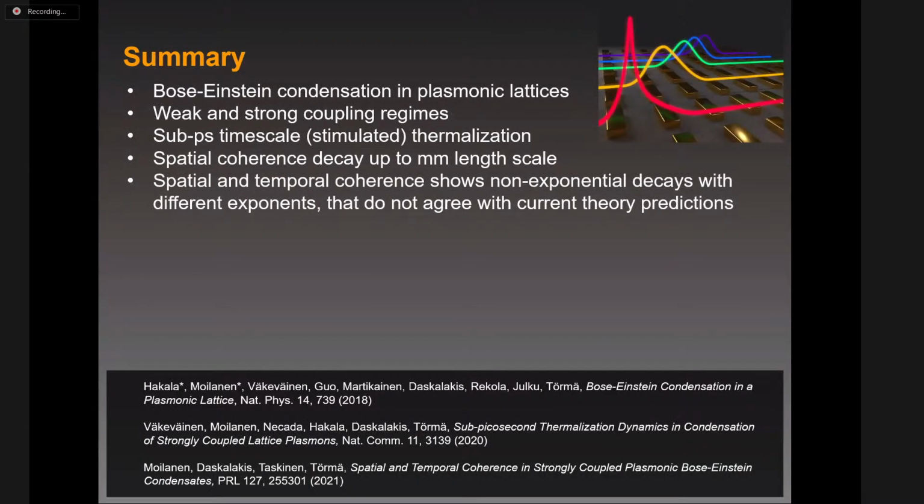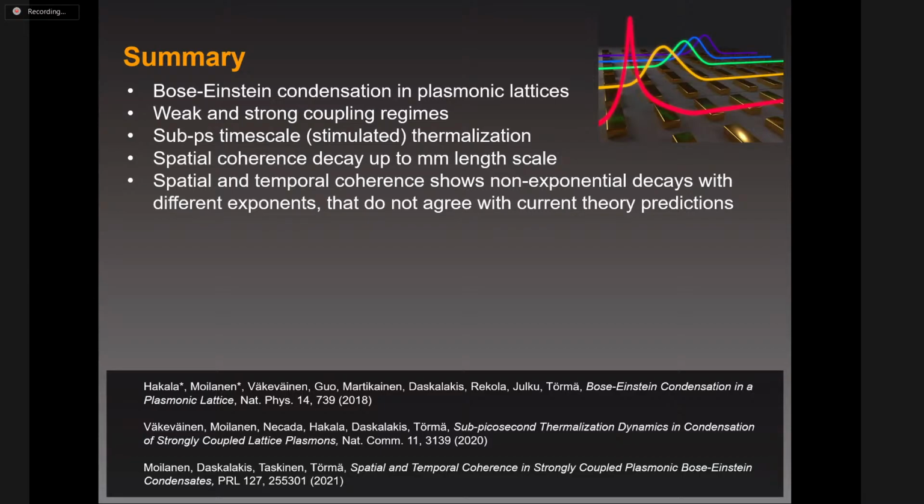And this brings me to the summary of the talk. So we have discovered Bose-Einstein condensation in plasmonic lattices at weak and strong coupling regimes. And at the strong coupling regime, it looks like the thermalization could occur in a stimulated manner. This condensate shows spatial coherence decays up to millimeter length scales.